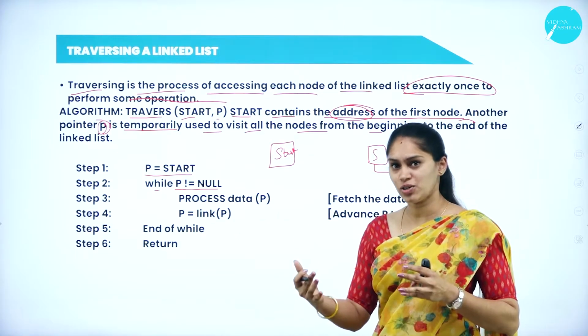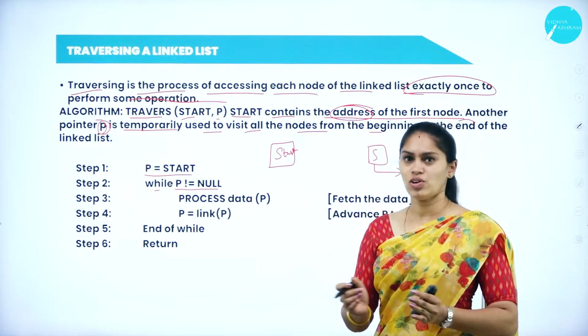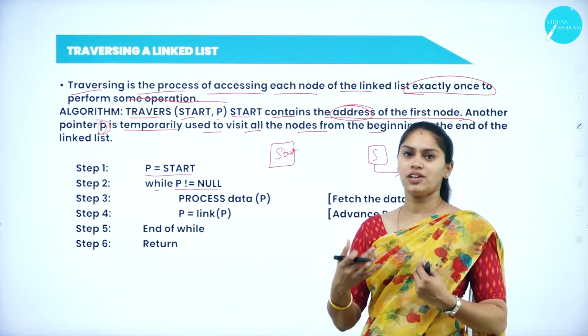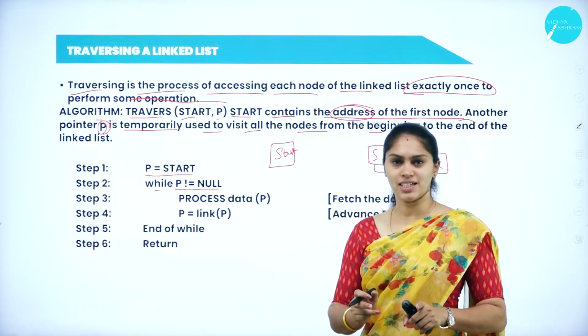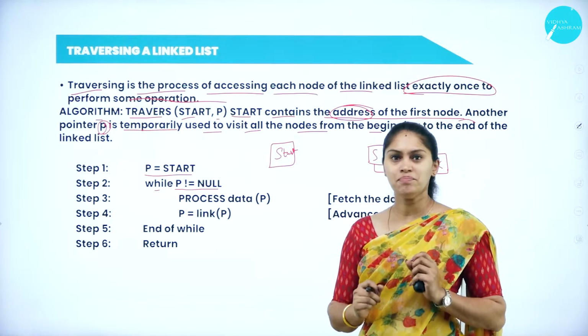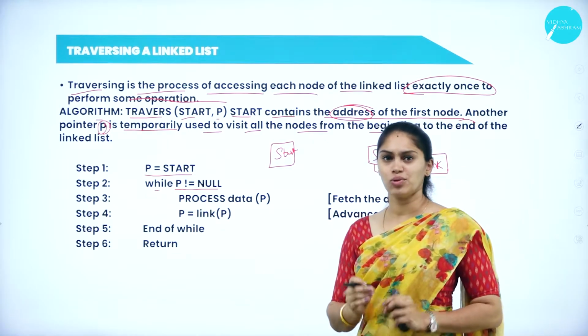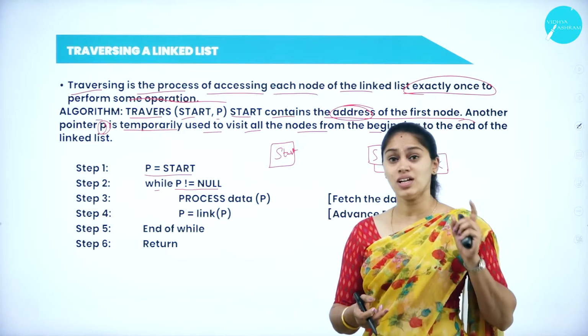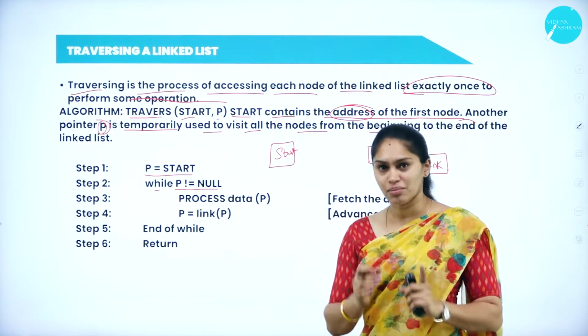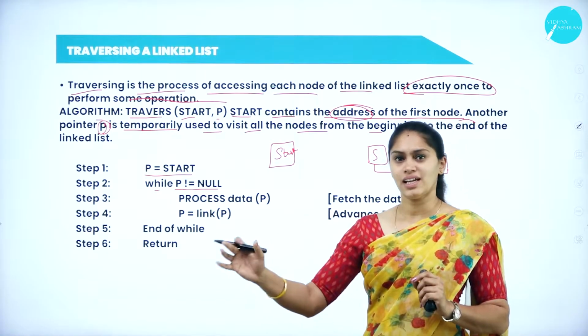If it is equal to null, then there is no data or no node in the linked list. If there is no node, then no need to do the traversing. If there is a node, then only I can traverse from beginning to the end. That is the thing regarding this while loop. So while I check the condition, P should not be equal to null. If it is not equal to null, that means we have a node in a linked list.